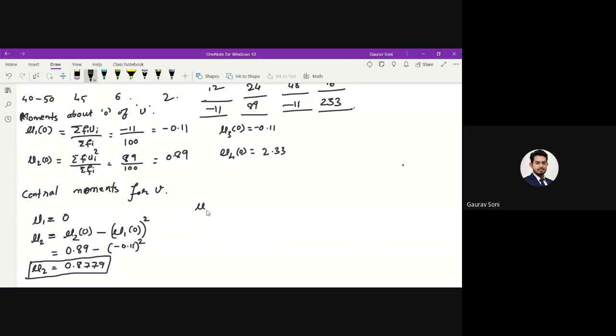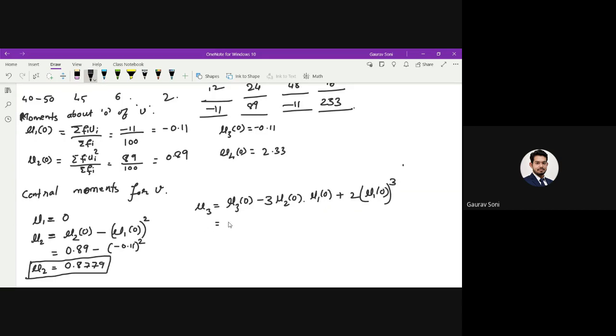Mu3 is, the formula is mu3 of 0 minus 3 times mu2 of 0 into mu1 of 0 plus 2 times mu1 of 0 cube. Please check the formula that we saw yesterday.